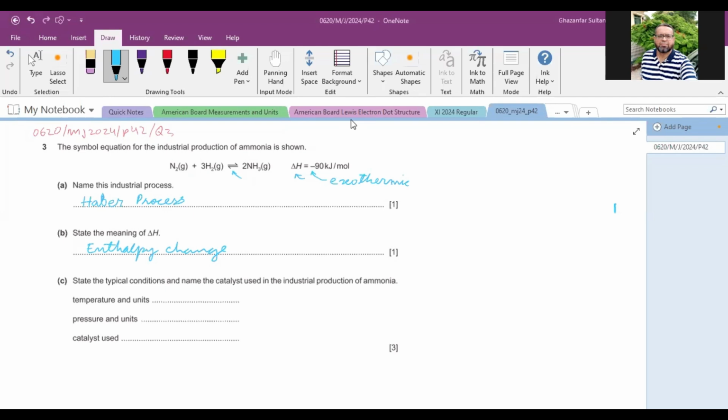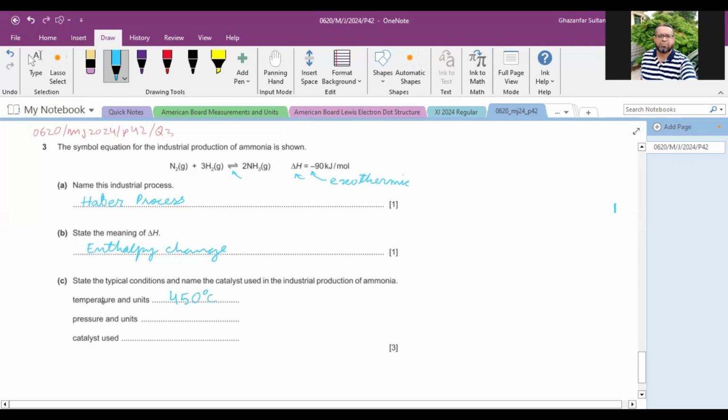Now in the next part, state the typical conditions and name the catalyst used in the industrial production of ammonia. We should remember that this process occurs around 450 degrees Celsius. So the optimum temperature is 450 °C.